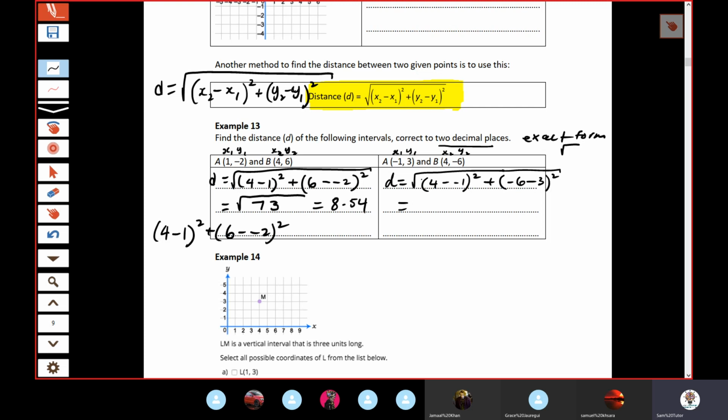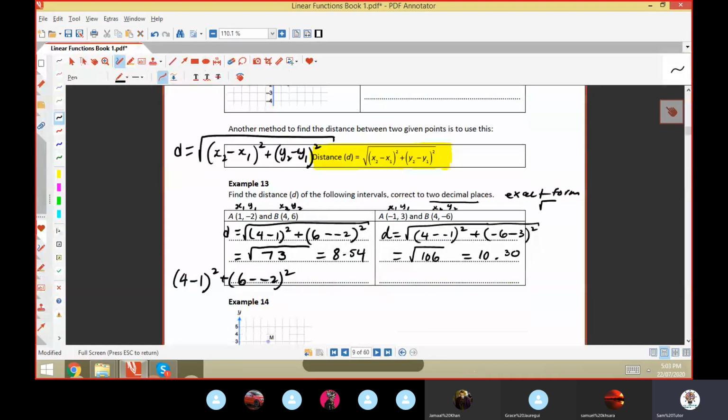Again, I'm not going to put the square root in my calculator. I'm going to just write the inside out. I got 106, and then when I square root that, I get 10.30. All right, I'll pause for a minute. Let me know if you weren't able to get that.